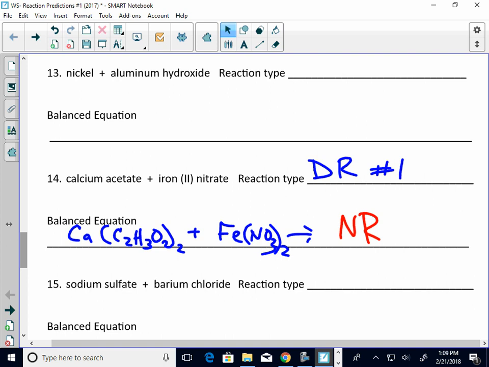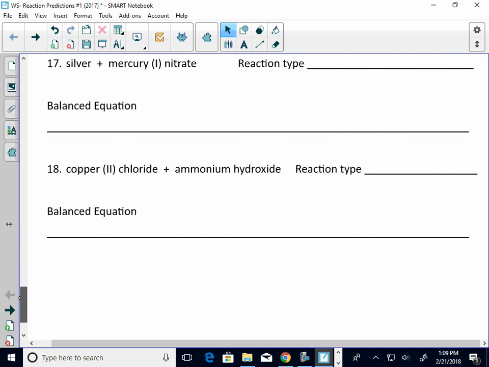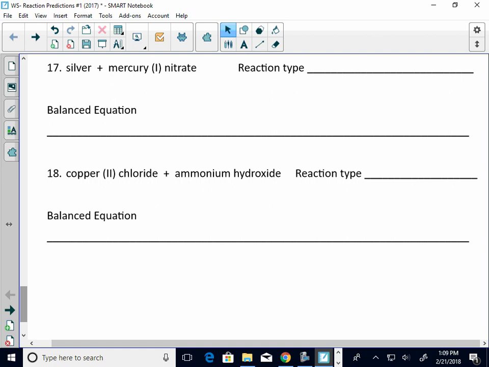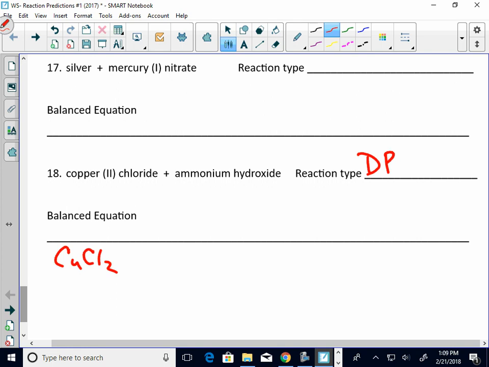18. All right, let's go 18. Okay. Copper 2 chloride. First of all, when I'm looking at this, this is also a double replacement number 1, because I have 2 salts there.